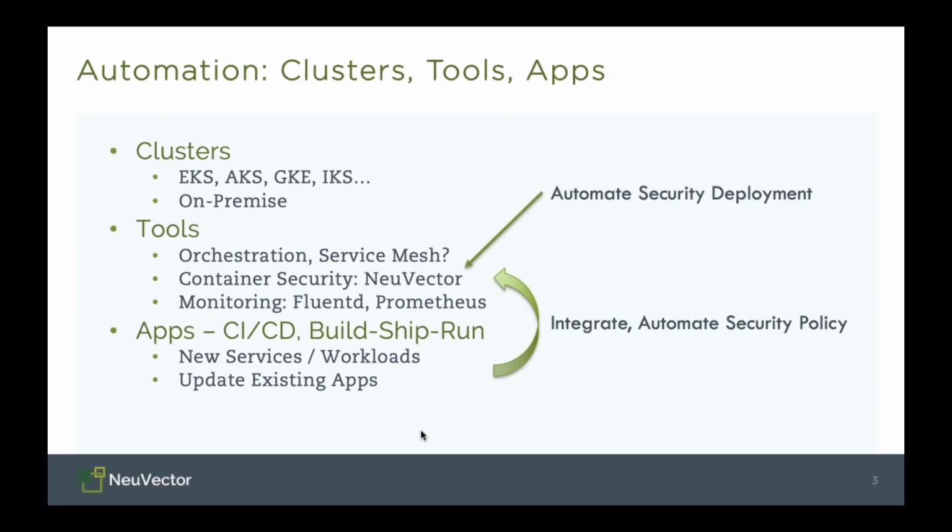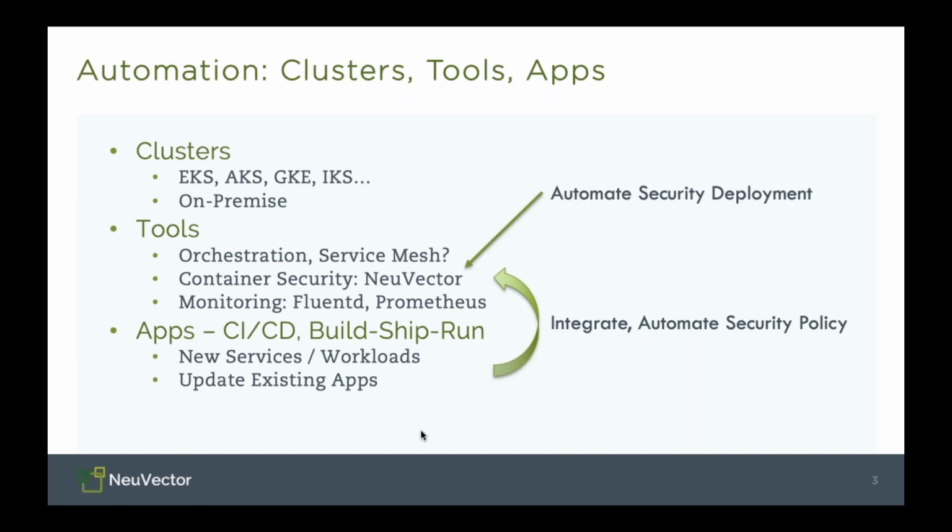So when we talk about automation, I'm going to talk about 3 different areas. Automation of the creation of your Kubernetes cluster or your container cluster, the tools needed to manage that cluster and secure it, and then the actual application workloads themselves.